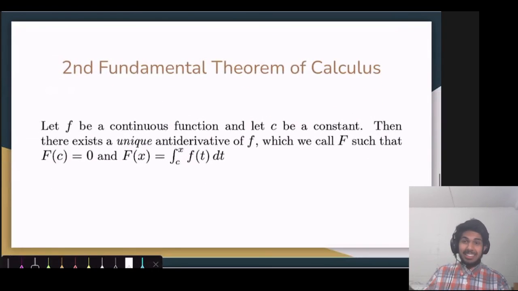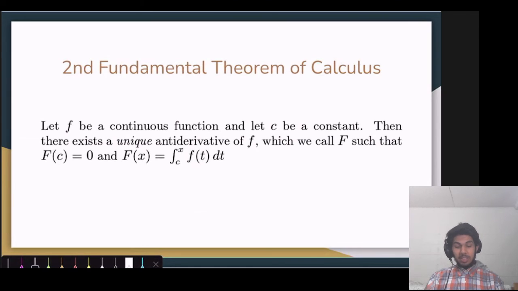Okay, and at last, long awaited, we're now going to discuss the second fundamental theorem of calculus. We talked about the first fundamental theorem, now we have to talk about the second. So f is a continuous function and c is a constant.